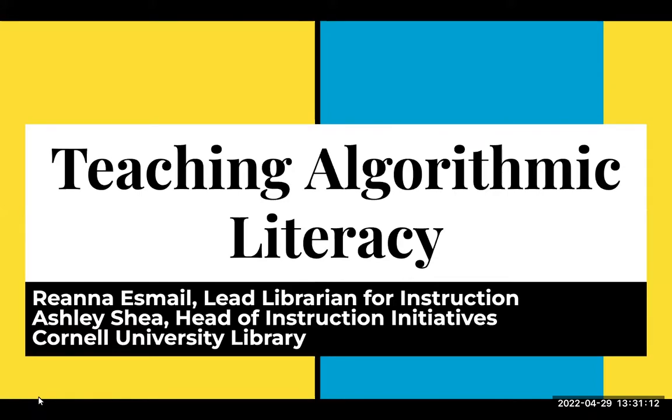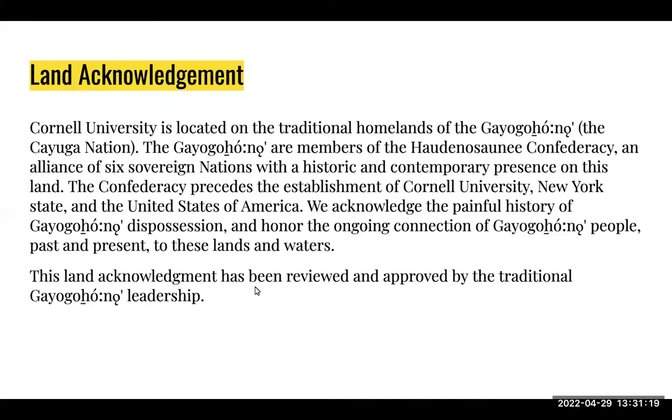Thank you for that introduction. We wanted to start with a land acknowledgement. Cornell University is located on the traditional homes of the Guyacona, the Cayuga Nation. The Guyacona are members of the Haudenosaunee Confederacy, an alliance of 6 sovereign nations with a historic and contemporary presence on this land.